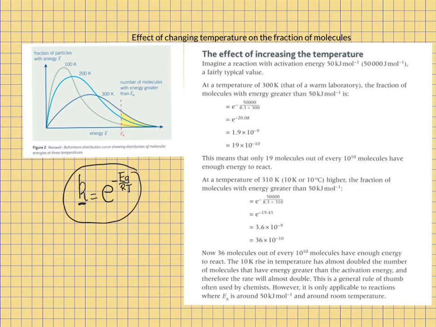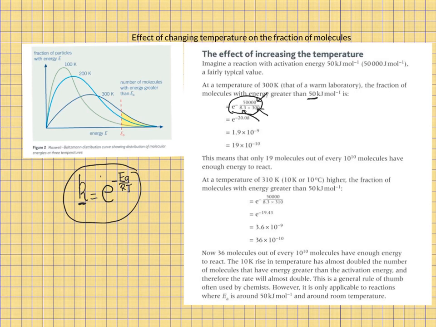So say for example in a typical laboratory that's about 300K or about 25 degrees Celsius, and we know that the fraction of molecules with energy greater than 50 kilojoules per mole, that's the activation energy, is going to substitute into this equation here. So remember that this factor here is the fraction of molecules with energy greater than the activation energy. So here is the EA, there is the gas constant, and there is the temperature in Kelvin.